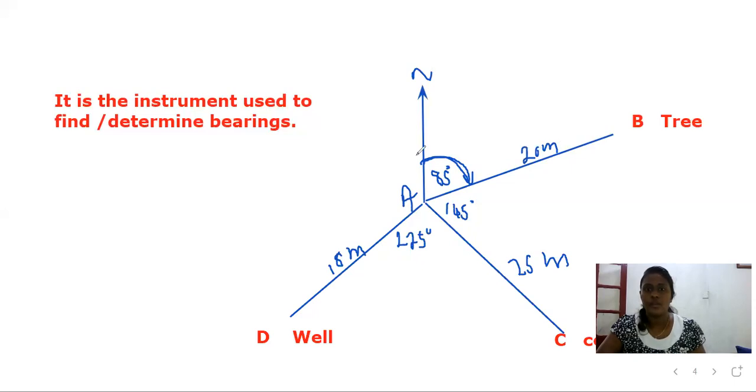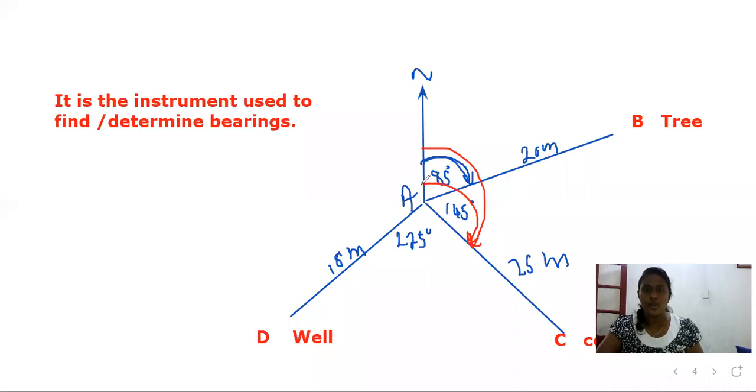The bearing of the coconut tree is, can one of you tell me how much that is? 145, measured from A onwards. So that is 145 with the distance of 25 meters.